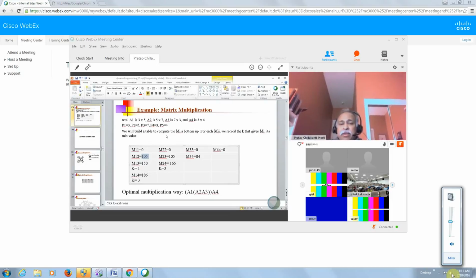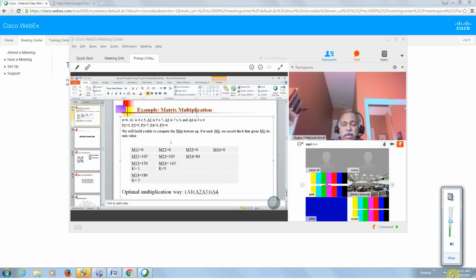Okay, so this M12 means multiplying matrix 1 with matrix 2. So if you go back here, matrix 1 is A1, that is 3 times 5, and matrix 2 is 5 times 7. So our rule is P, Q and R, right? What is the P here? P is 3.